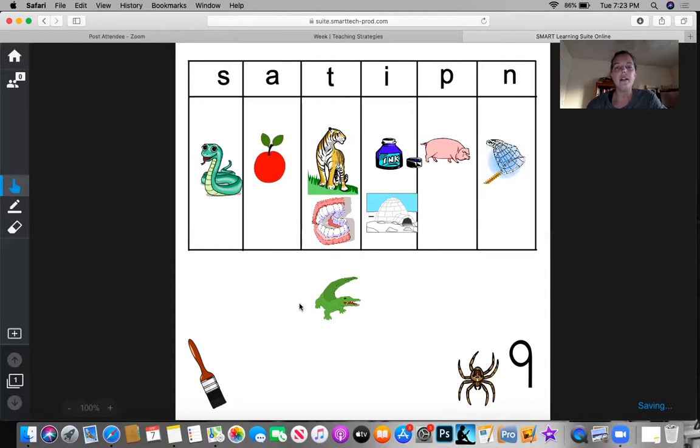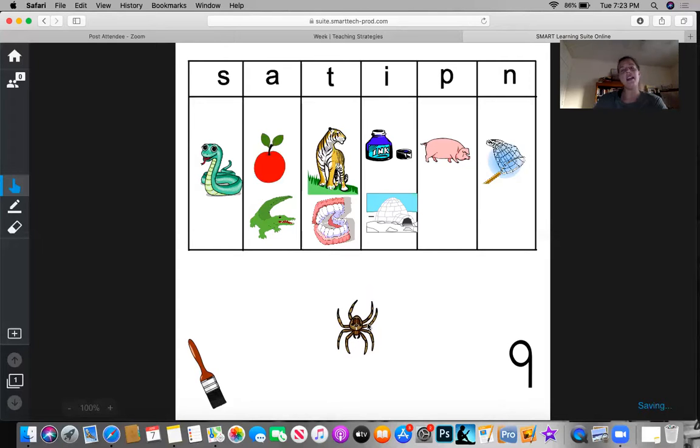All right, what about this fella? We're going to call this an alligator. Ah, ah, what letter? A, alligator. All right, how about this right here?